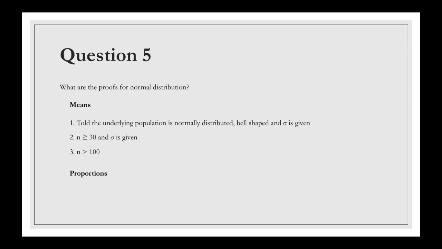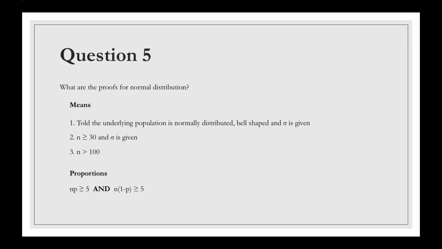Now, for proportions. Proportions are a little bit different than means. N times P is greater than or equal to 5, and N times 1 minus P is greater than or equal to 5. If one is true and the other is not, it is not normally distributed. You need both of those to have your proof.